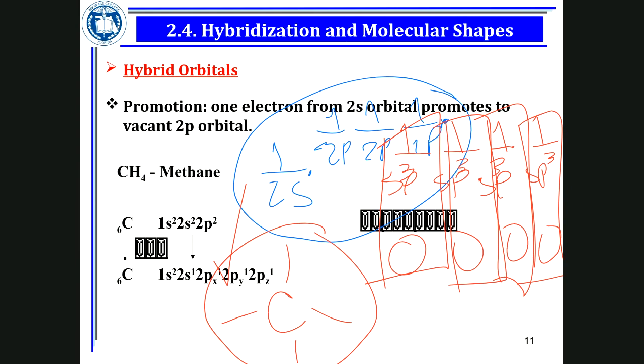One thing that we want to talk about here is the shape of these orbitals, how they are oriented in space with respect to each other. For the sp3 hybrid that your carbon atom has, it is going to be tetrahedral.